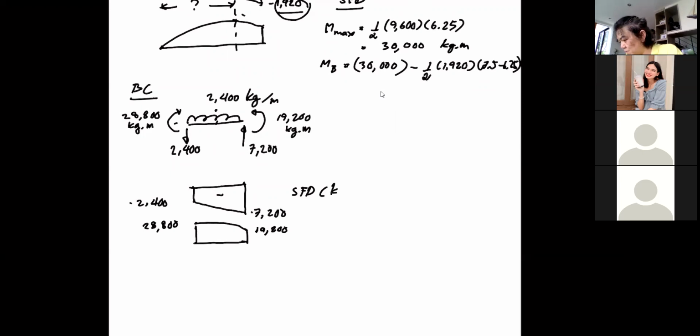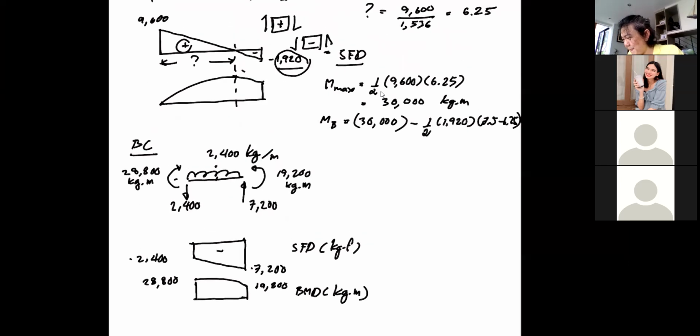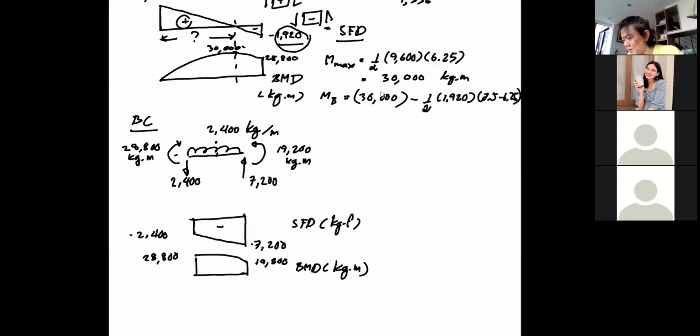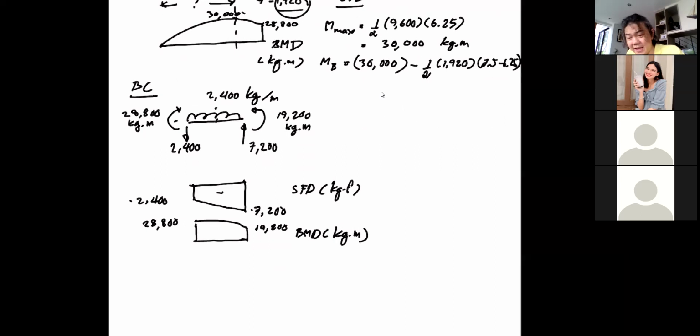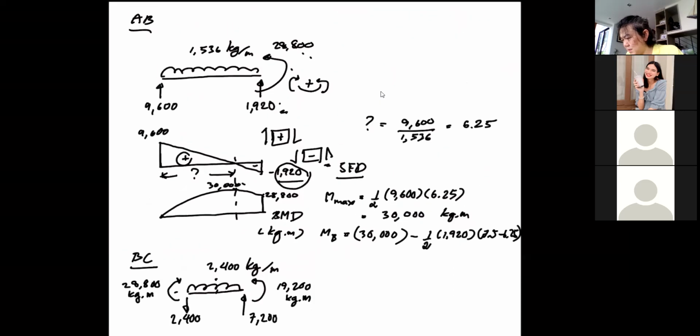Unit is kilogram force. This is bending moment diagram. The unit is kilogram meter. Okay, it's a BMD. And you should write your value here as well, 30,000 and then 28800. Okay. So that's AB and BC.